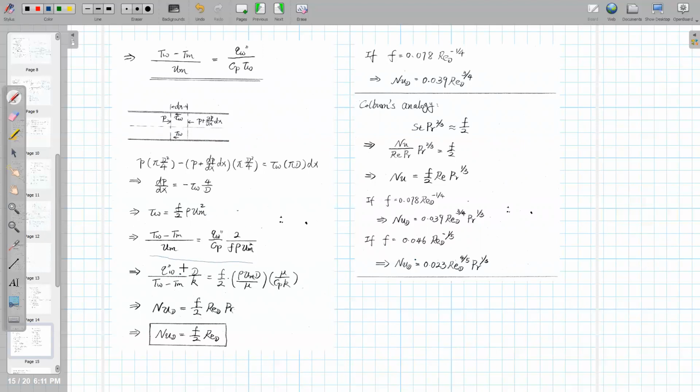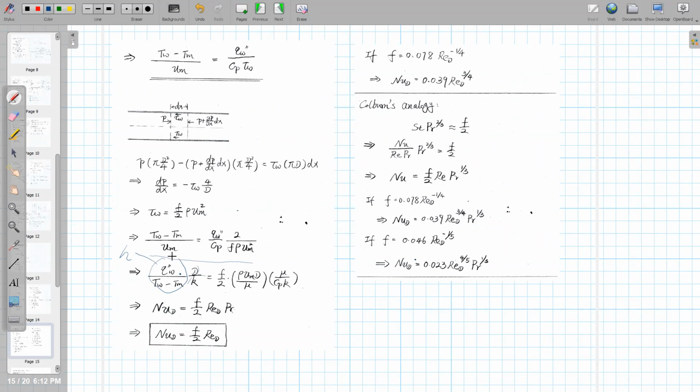And just regroup it to make all the parameters non-dimensional. On the left hand side, you simply move this QW prime and divide by the temperature difference to the right, and QW prime divided by this temperature difference is the H. So this is H, the film coefficient, times the pipe diameter D divided by K, the fluid thermal conductivity.